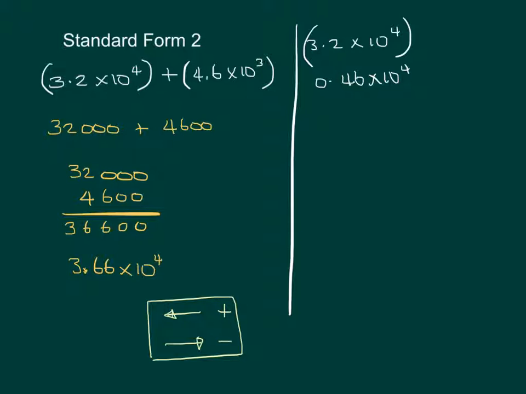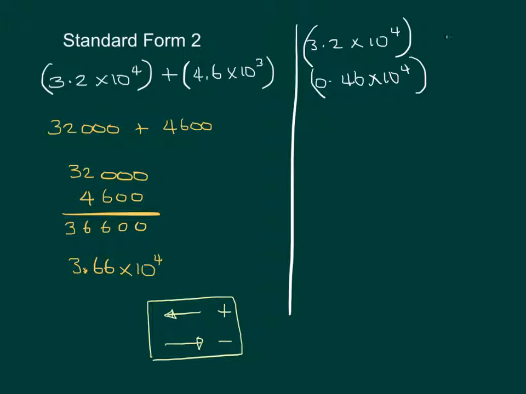I'll tidy that up a little bit, because I'm running out of space. Because I moved this decimal point one place this way, it turns into 0.46. These two now have the same power.